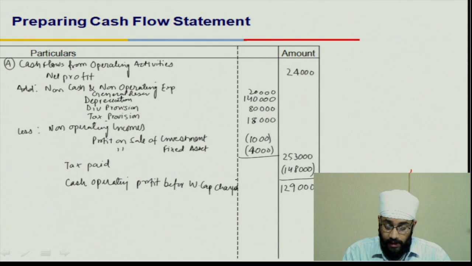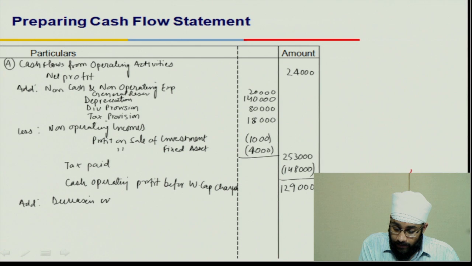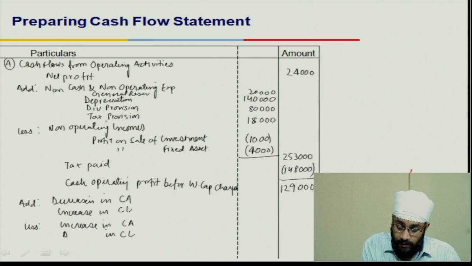So now let's look at the working capital changes. So we're going to add to this any decrease in current assets or any increase in current liabilities, or we need to deduct increase in current assets or decrease in current liability.